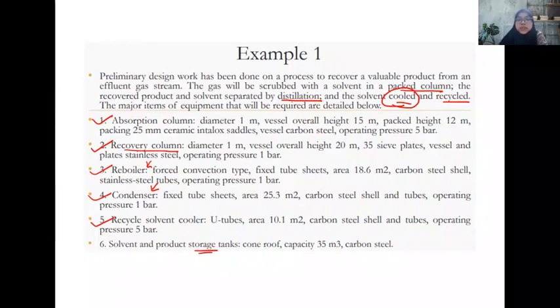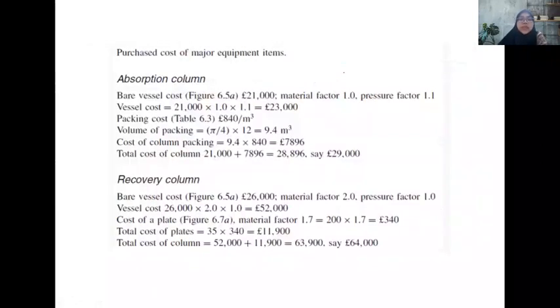So the detailed properties such as the dimension and also the material, including the type of the vessel, the operating condition, and the support vessel are also given. And then finally, we can obtain the purchase cost. Okay, so referring to the table to obtain the base cost.